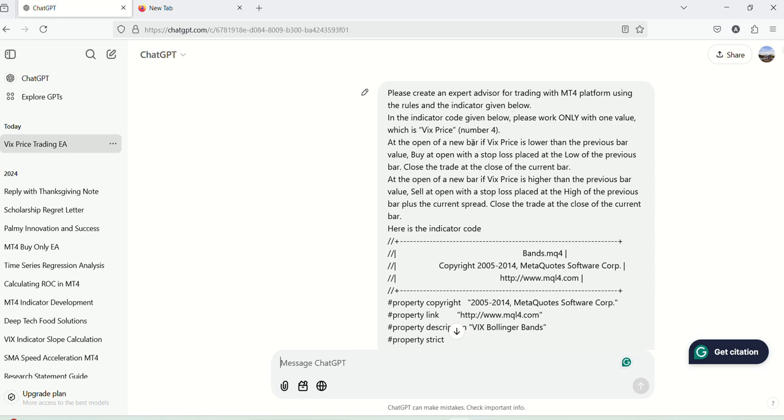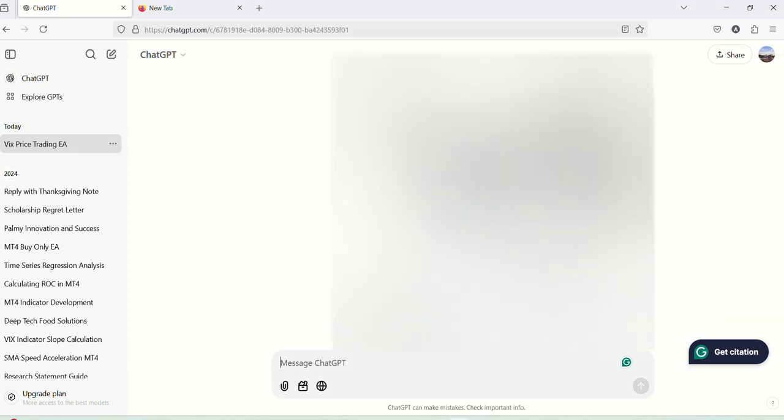So the prompt I gave is like this. You can read here. I'm asking ChatGPT to use one indicator code, which I'm pasting below, and then giving a very simple logic on how to open and close trades.